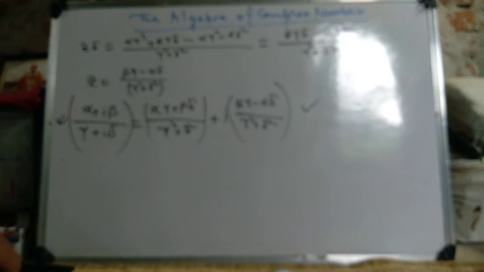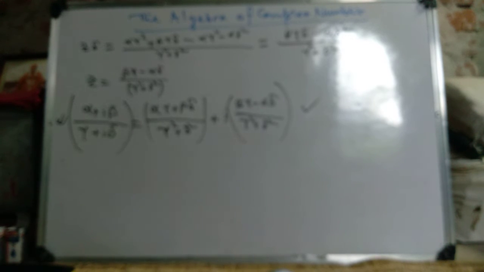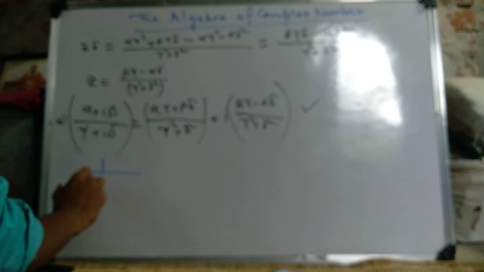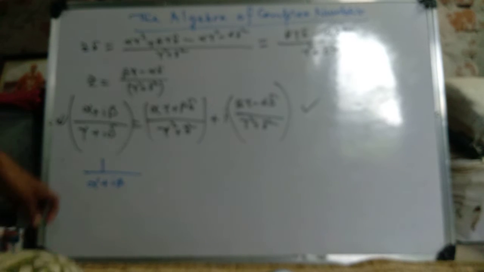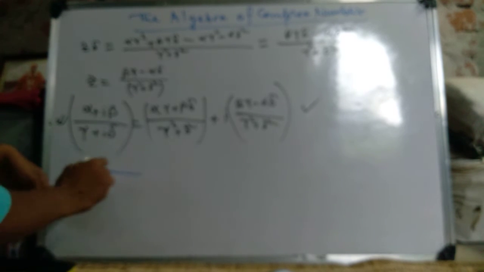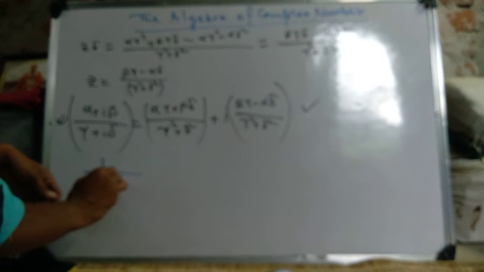Now we go further with one complex number: the reciprocal or inverse. How do we handle the reciprocal or inverse of any complex number? If we write 1 by alpha plus I beta, first we write 1 by gamma plus I delta.